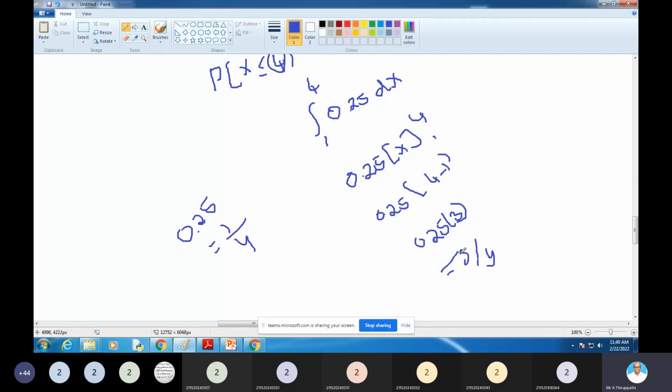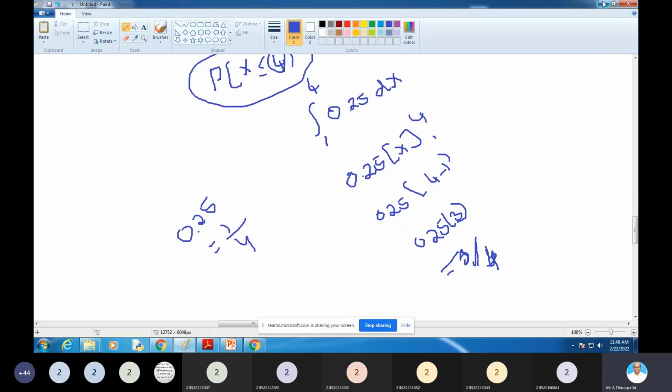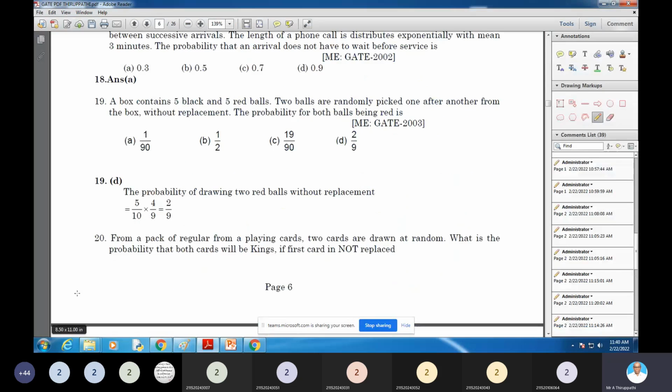The option is 3 by 4. The probability of x less than or equal to 4 is 3 by 4. This is the answer.